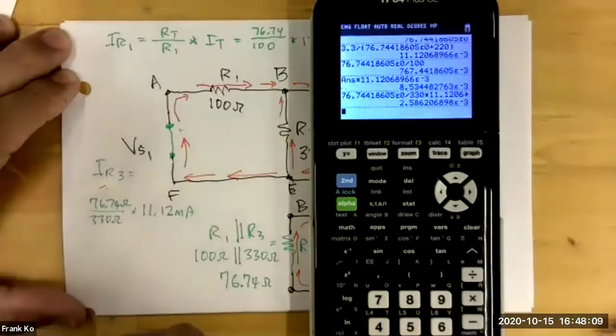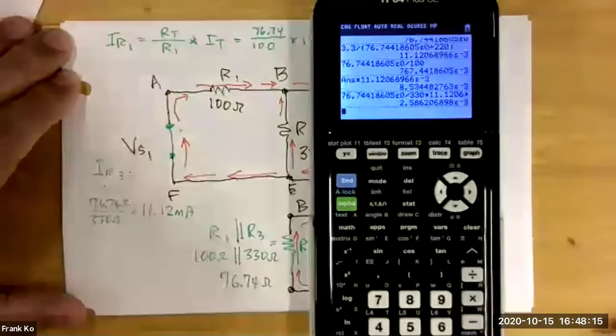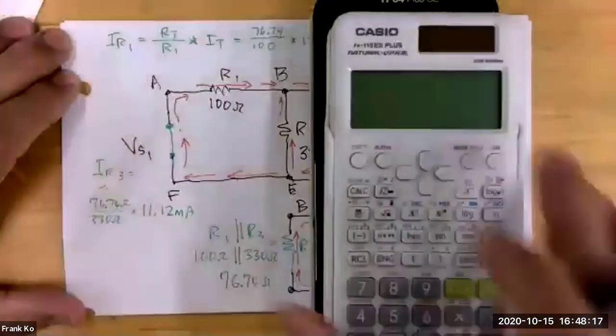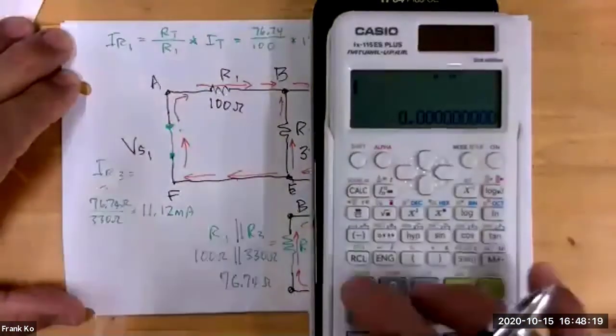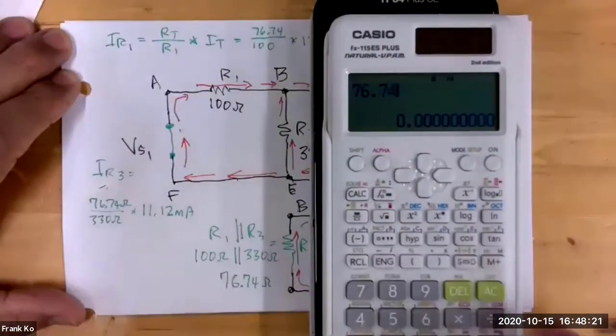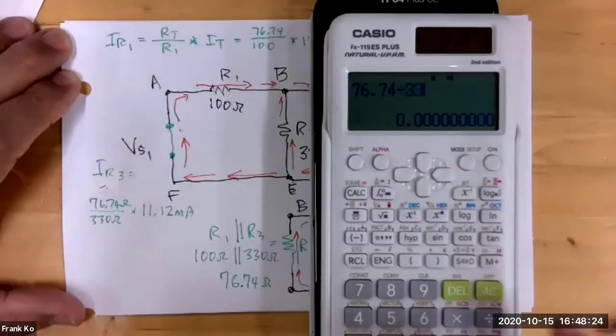So I got 2.69, and you may very well have gotten 2.69. Let's take a look. 76.74 divided by 330 times, oh, no, you're right, 0.011. I misread the 6 as a 9.